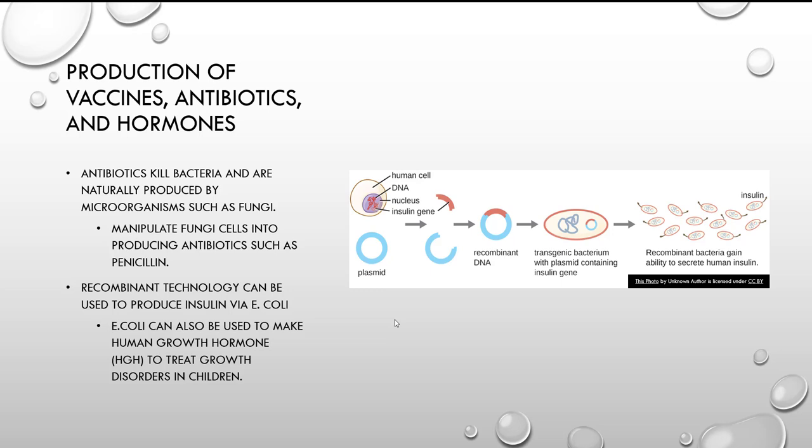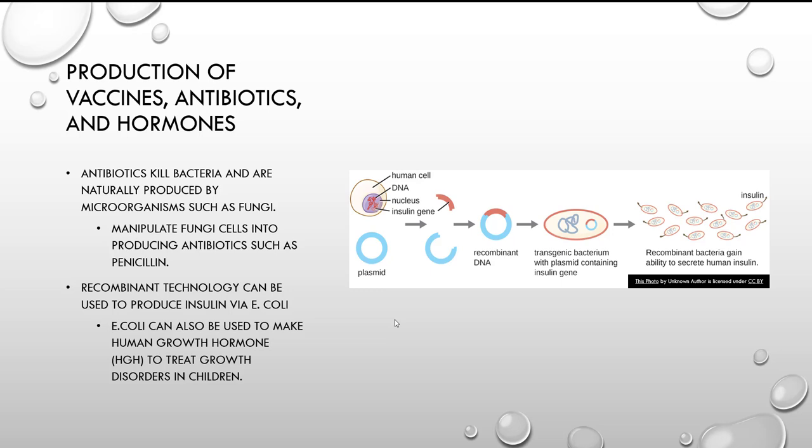So that's where we got penicillin from. We can use that technology. Basically we can manipulate fungus into producing different types of antibiotics, and that's where we get the majority of our antibiotics from.